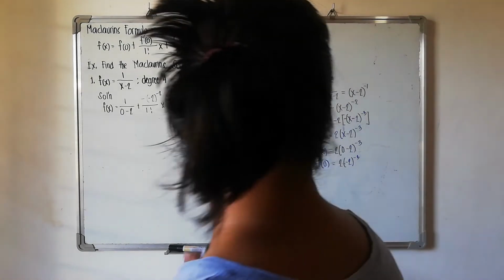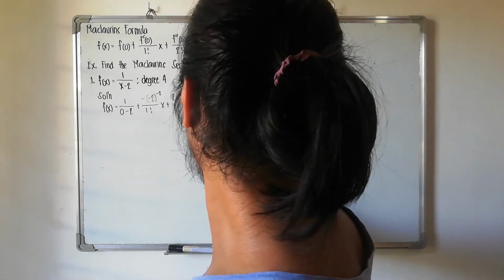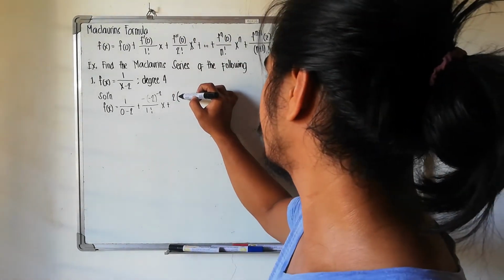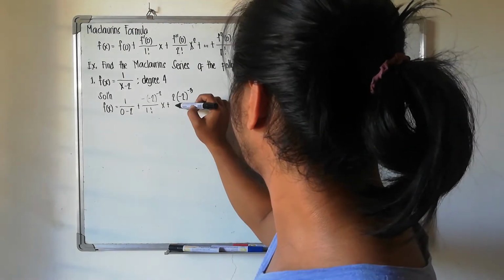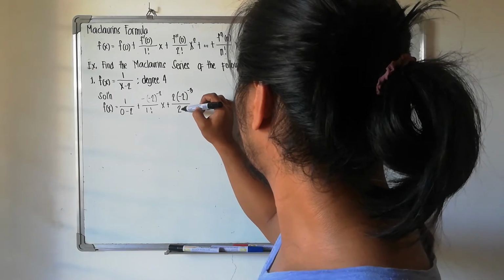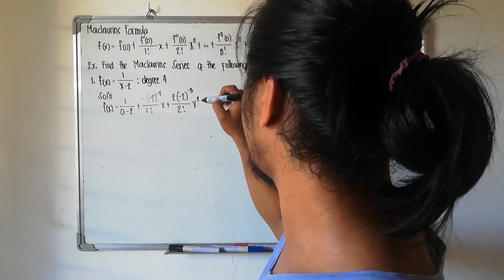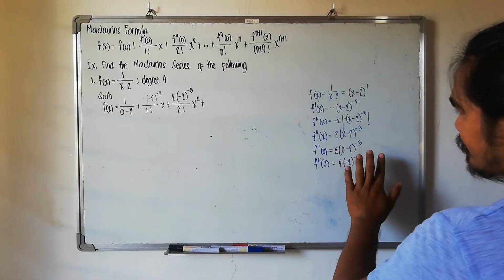So write down the function. So 2 times negative 2 raised to negative 3 over 2 factorial times x squared. Next, we have to find the third derivative.